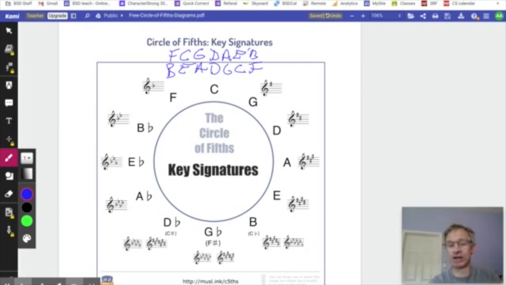So if you have one memorized, you have them both memorized. If all I can remember is fat cats go down alleys eating bones, write that down backwards, and I've got both of them. So if I know all of those, all the notes that are flat, and I know what key I'm playing in, I can figure out the subset of notes that belong in that key.